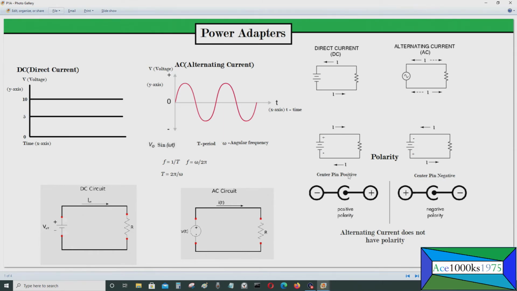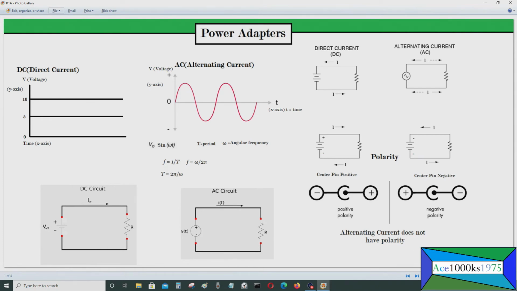This is center pin positive, so positive to negative, like this. And this is how it would look in the circuit. And this is center pin negative for polarity. This is positive to negative, and it'd be in this format, and that's how the circuit would look.